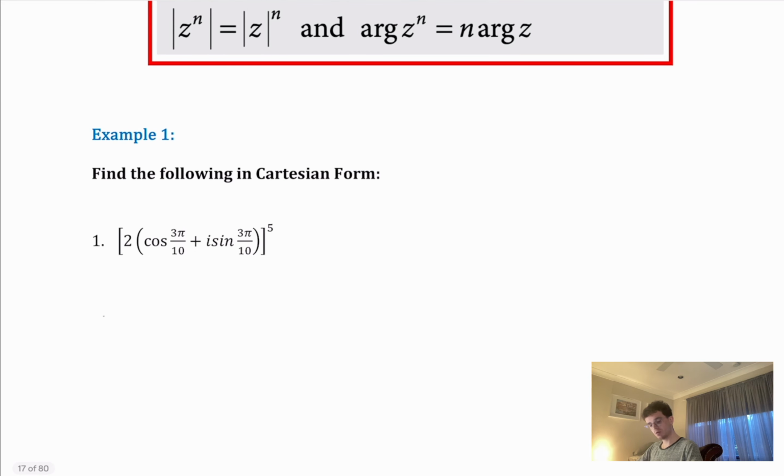So raising to the power of 5, we raise the modulus to the power of 5, and we multiply the arguments by 5. And this is what De Moivre's theorem tells us.